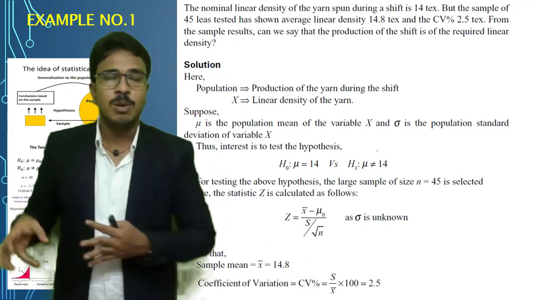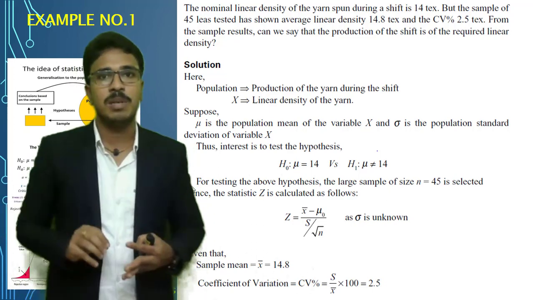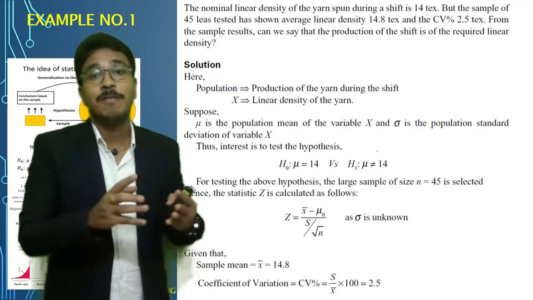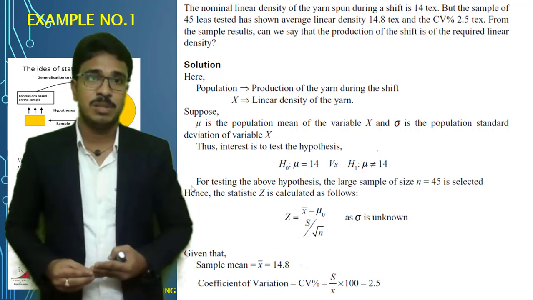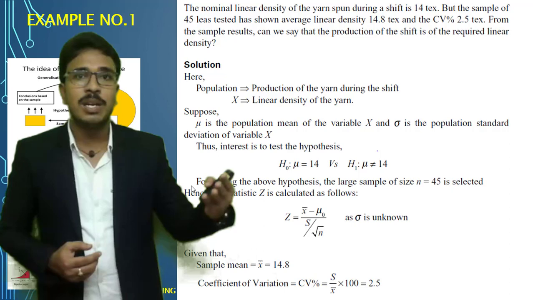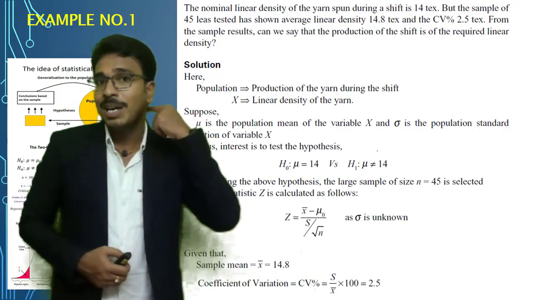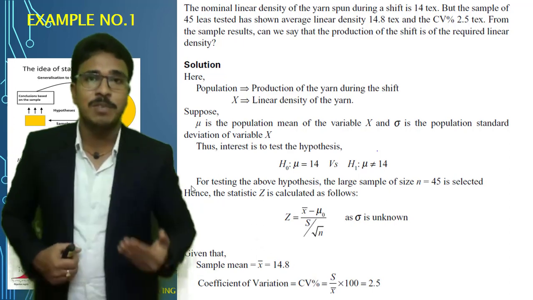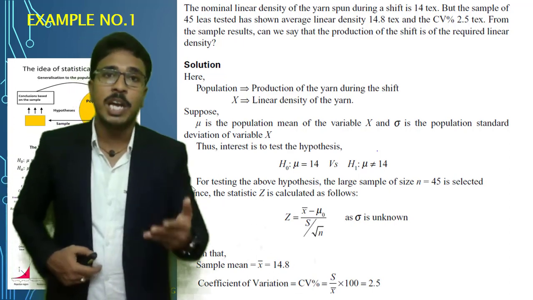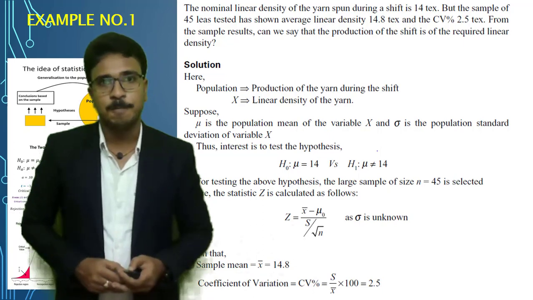After sorting out all this information from the given problem, you have to arrive at which formula to use. It is not that you can use any one of the formulas. If you use any formula irrespective of the given information in the problem, you cannot calculate the calculated value of Z.